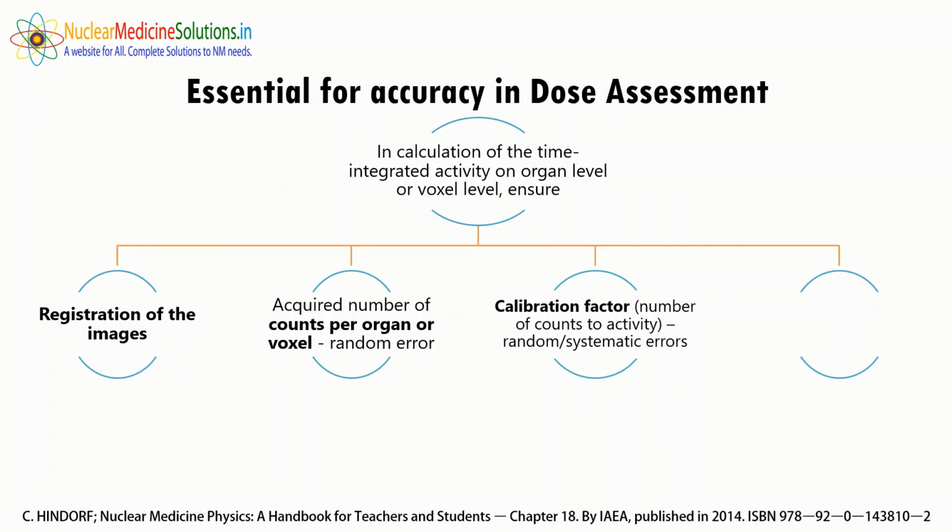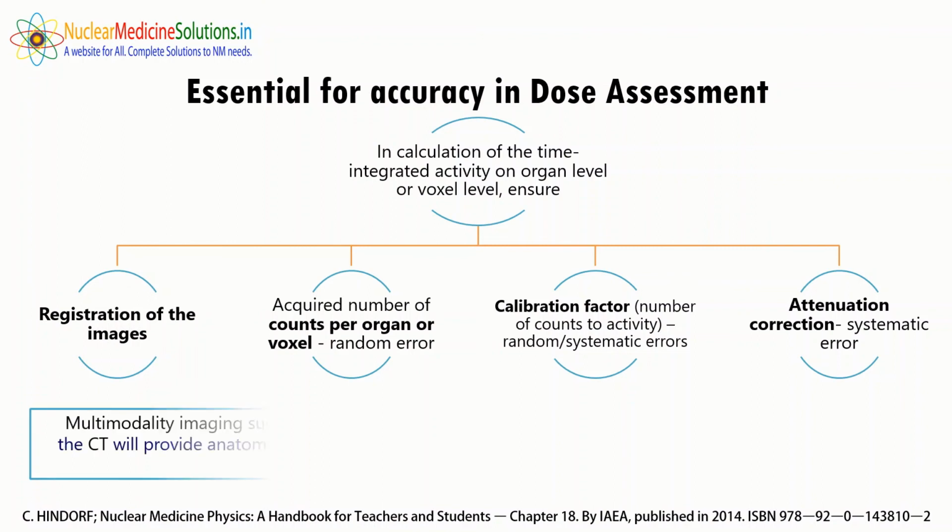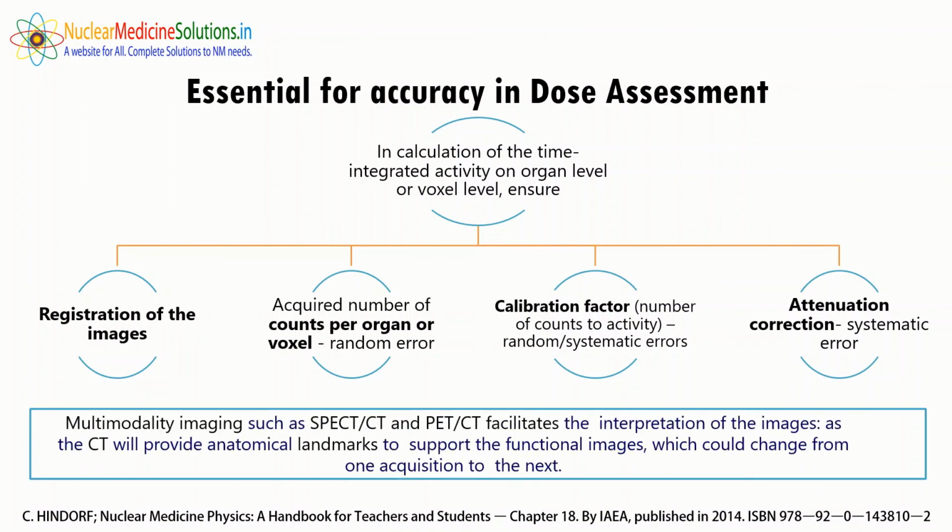The calibration factors, that is number of counts to activity, random or systematic errors should be avoided, and attenuation corrections should be done properly. Multimodality imaging such as SPECT/CT or PET/CT facilitates the interpretation of images, as the CT will provide anatomical landmarks to support the functional images which could change from one acquisition to the next.